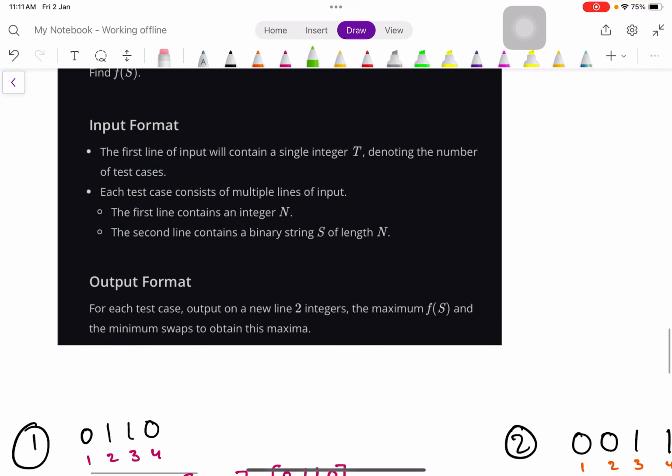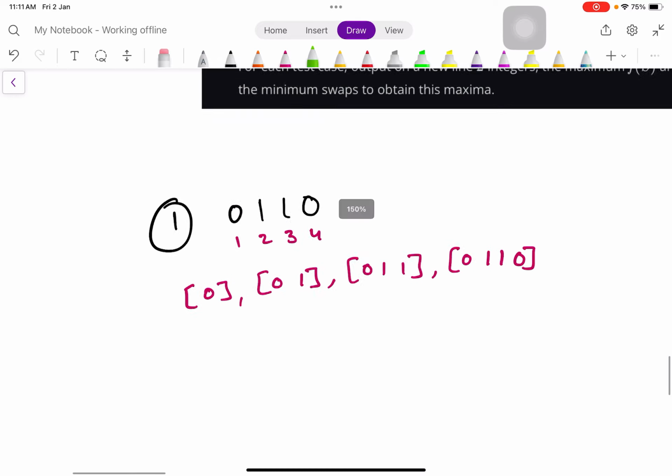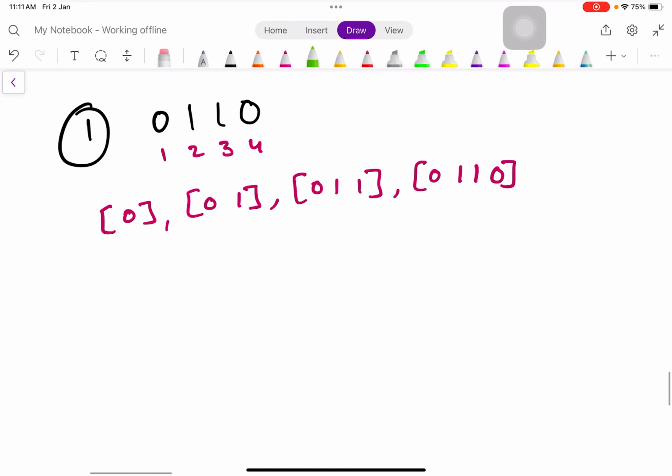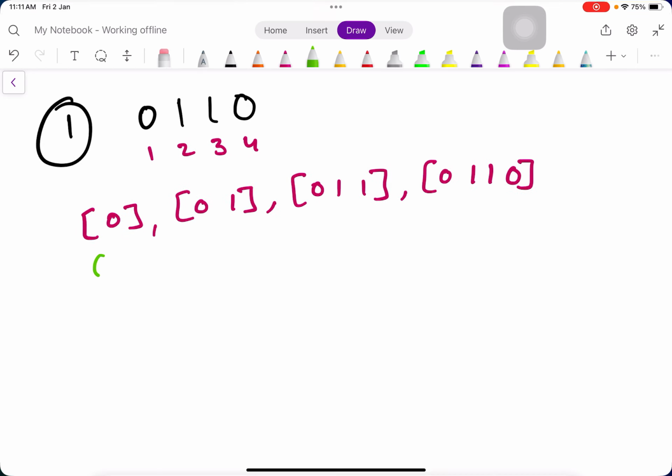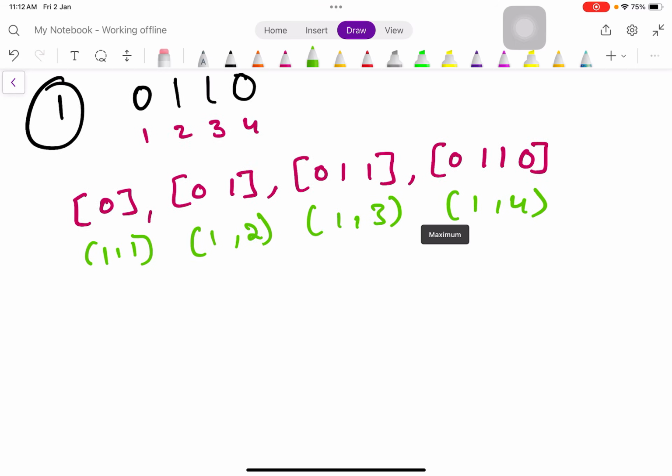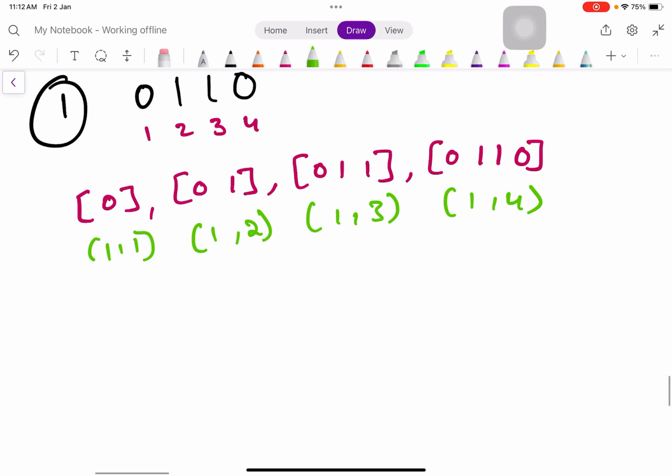Let's understand this with some examples. Consider the example 0110. The possible prefixes are 0, which is 1 to 1, then 0 1, which is 1 to 2, then 1 to 3, and 1 to 4. Let's start counting them.